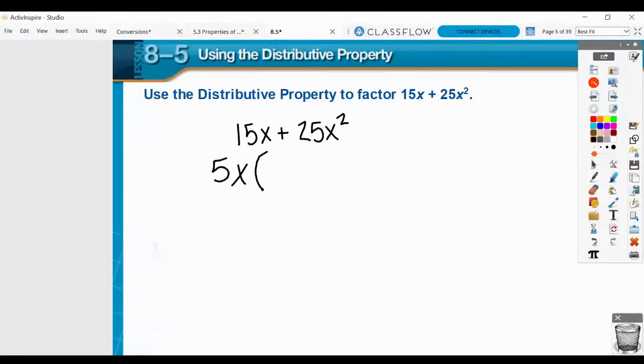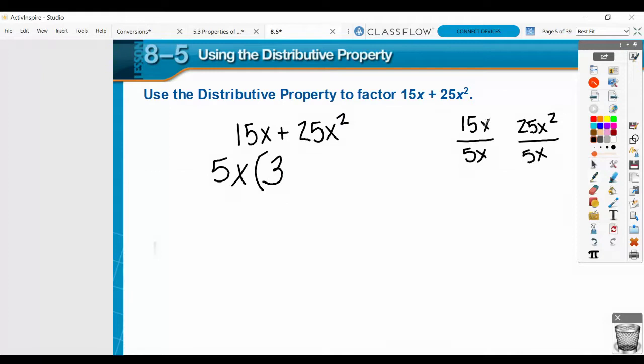So after we do that, we basically are going to be dividing. So it may help you to do this on the side. It may not. It's completely up to you if you want to. But you're going to be dividing. So 15 divided by 5 is 3.